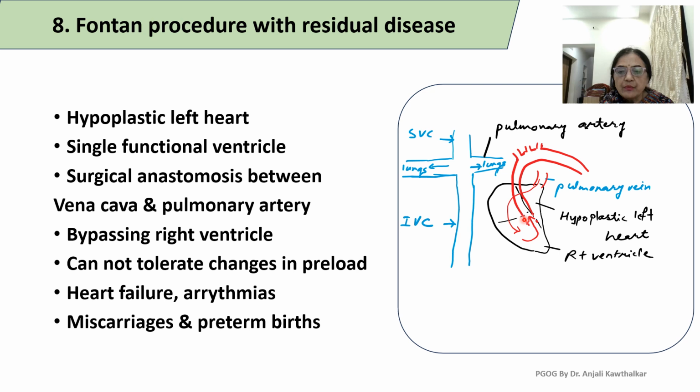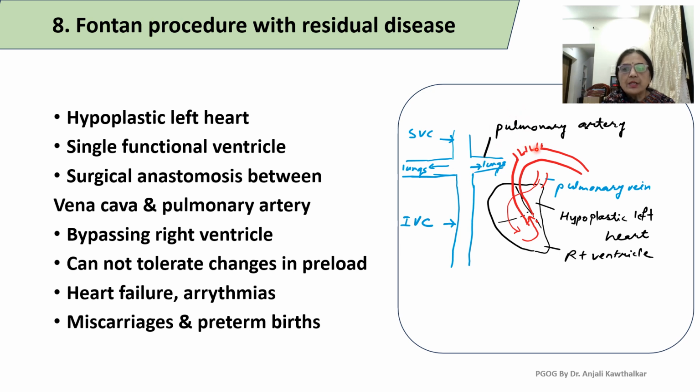So what is done to overcome this problem is a surgical anastomosis is created between the vena cava and the pulmonary artery. So the deoxygenated blood, rather than going to the right atrium, right ventricle, and then entering the pulmonary circulation, goes directly from the vena cava into the pulmonary arteries and to the lungs.